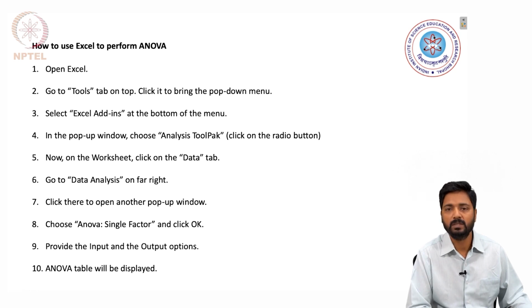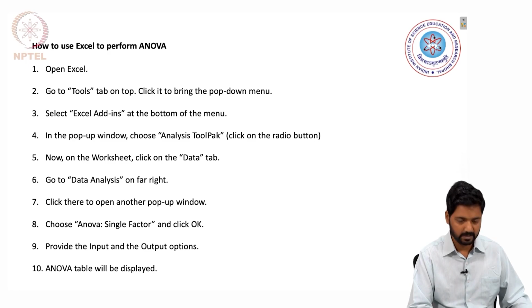I hope this will make things much easier for you in using ANOVA in your day-to-day samples. However, for the conduct of this course and in the tests that will be conducted, you will be required to perform ANOVA by hand.